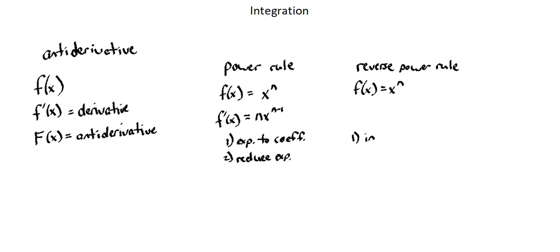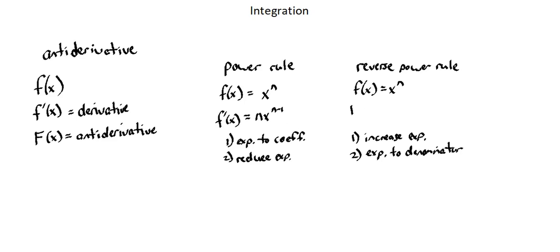I will increase the exponent. And the second step is the first step of the power rule in reverse. I move the exponent to denominator. Instead of multiplying with a coefficient, I'm dividing.